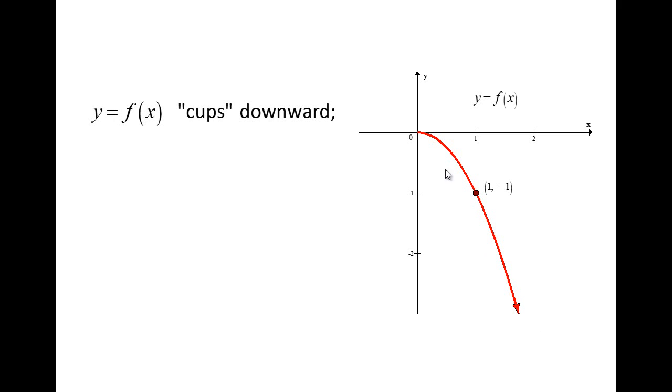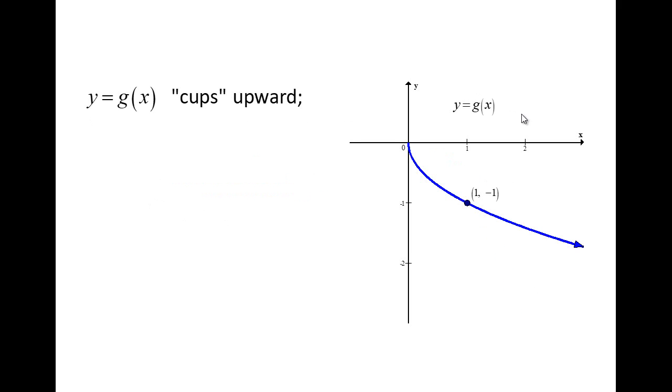So again, at any point on this curve, the tangent line lies above the curve. So this is what we mean by the curve cups downward here. And we say that this function f is concave down on the interval from 0 to infinity.